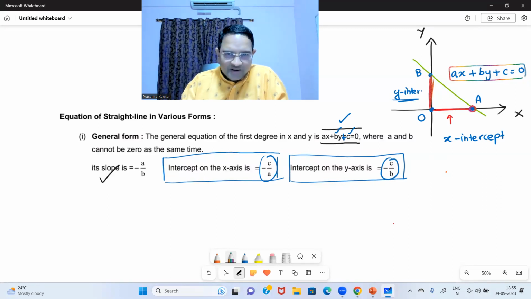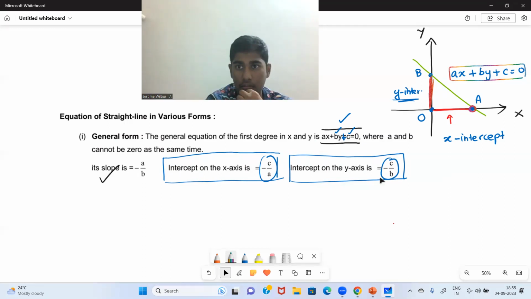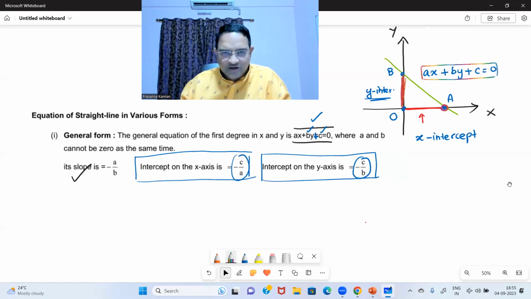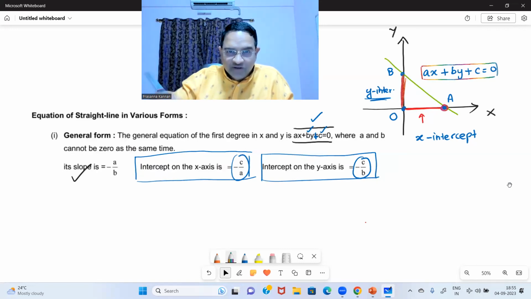Will it have any particular form? Anything special about a point on the x-axis? Any point on the x-axis has something in common. Y value will be 0, sir. Excellent, 0. Absolutely. So the value of y will be 0, okay?